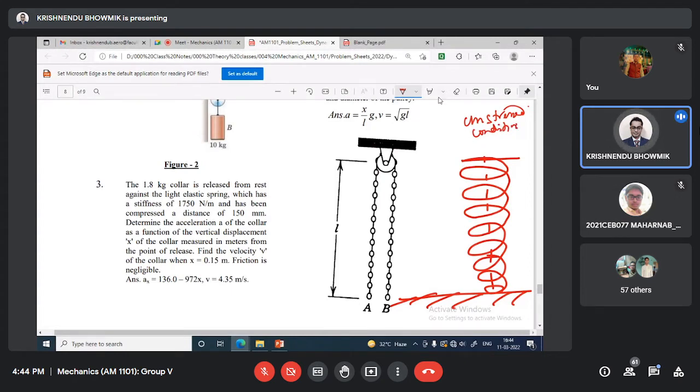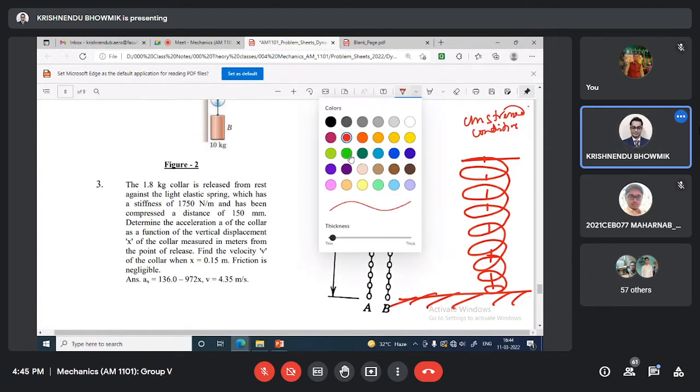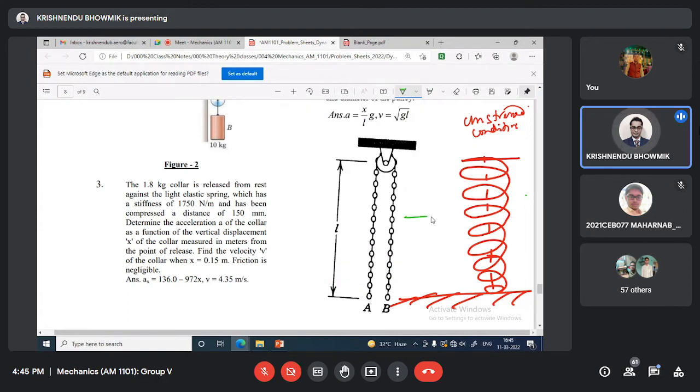Then what it has been told is that it is compressed by 0.15 meter and released. And this is the positive x direction.